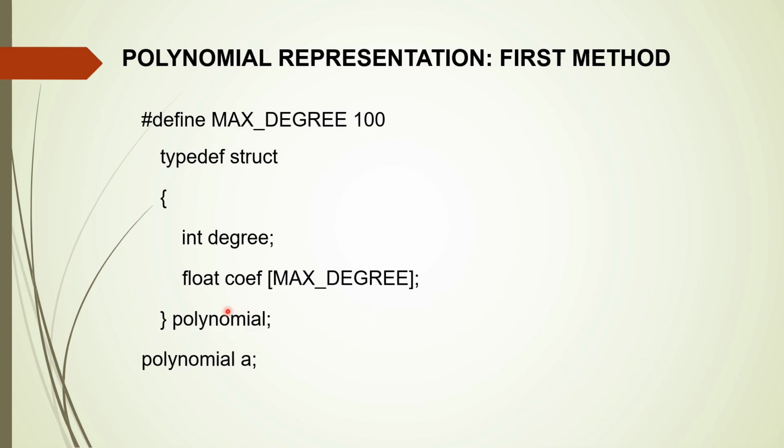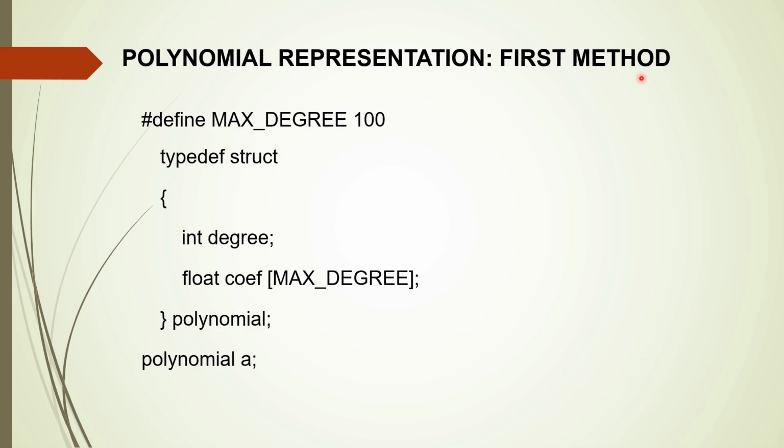So 100 into 4, 400. 400 plus 2, it is 402. The size of a becomes 402. So this is how we can store the terms of a polynomial by using the first method.